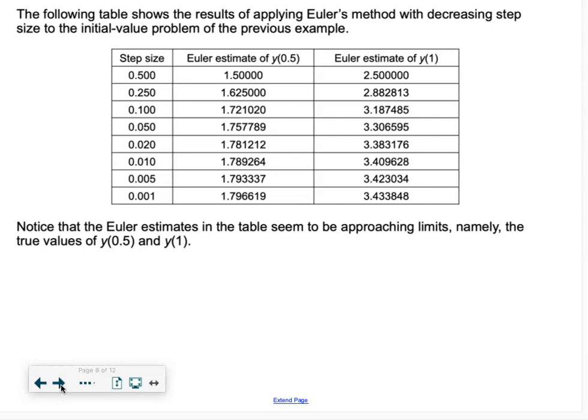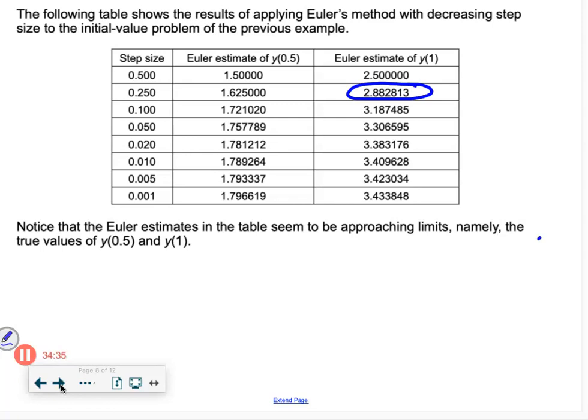So we just approximated y of 1 using a step size of 0.25. The smaller the step size, the closer the y values get to the actual value on the function.